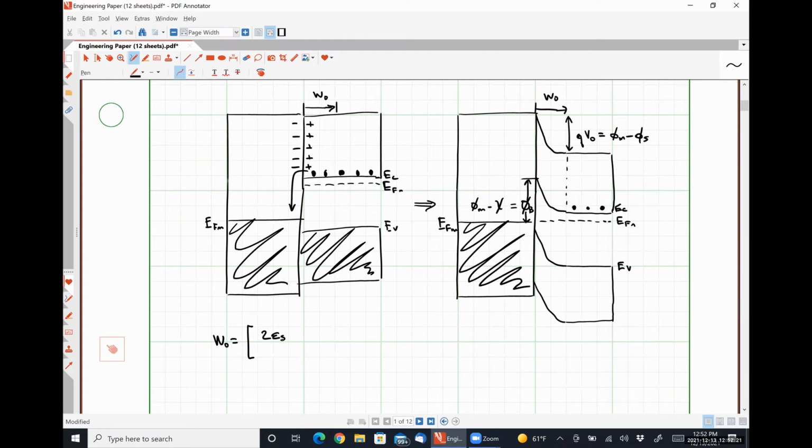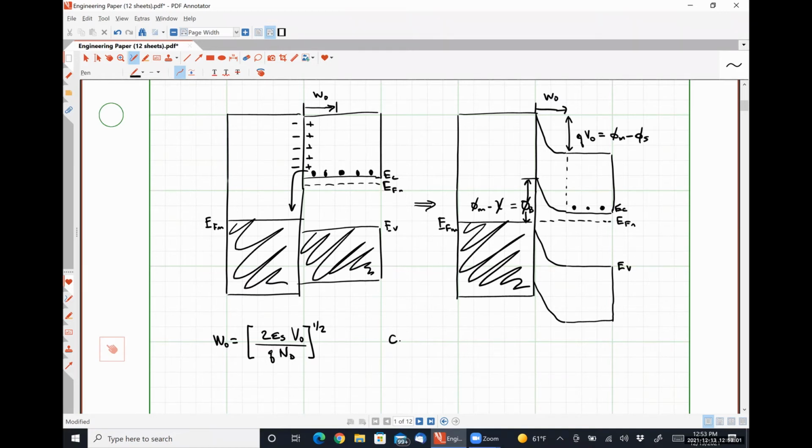We have two different materials here, so I'm explicitly stating that the width of the depletion region depends on the permittivity of the semiconductor material. It has nothing to do with the permittivity of the metal, all right? So twice epsilon s V naught divided by Q times ND, all to the 1/2 power, is the width of our depletion region, which again extends only into the semiconductor side of the material.